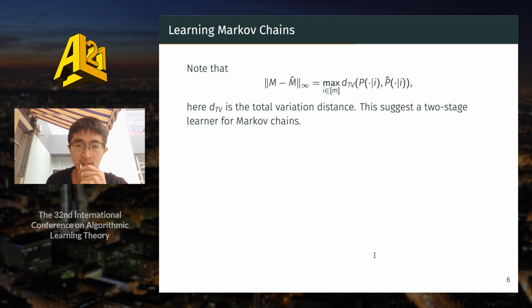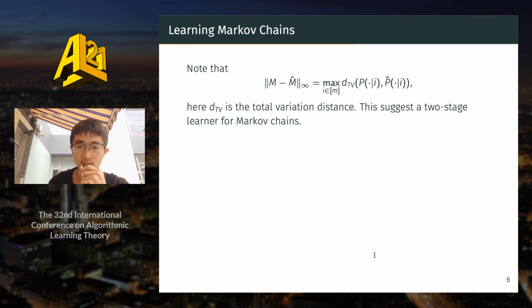A very important observation is that this matrix distance can be expressed as the maximum over i of the total variation distance between the conditional distribution from state i and the conditional distribution from state i that you guess, which we denote as p hat. And this DTV is just the total variation distance that is widely used in the literature of learning and testing discrete distributions.